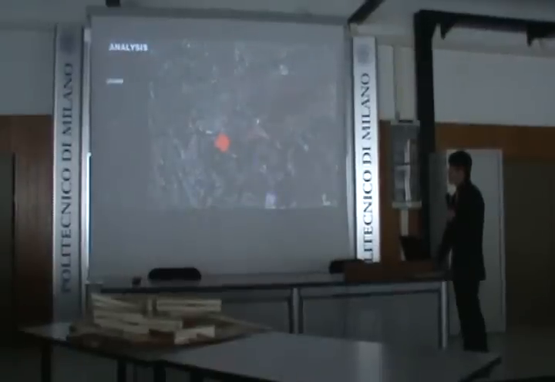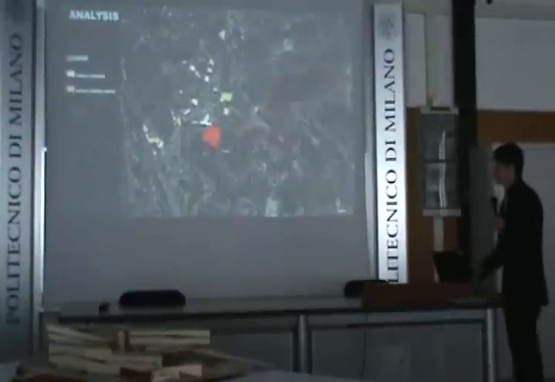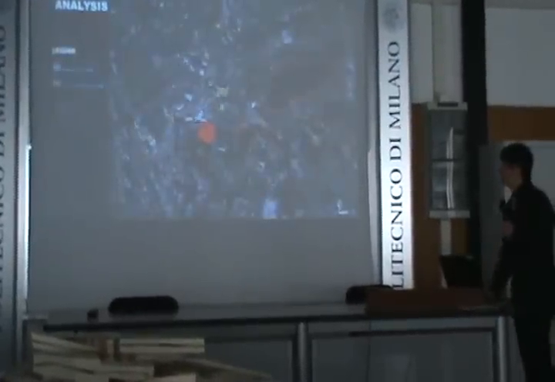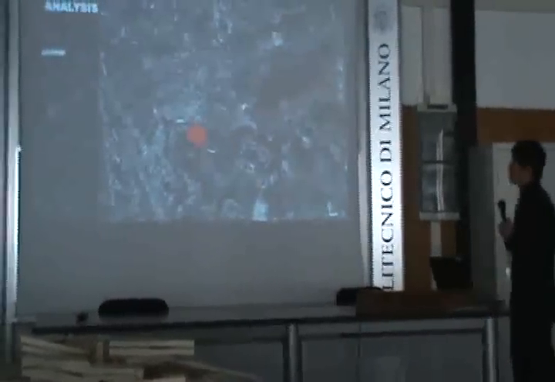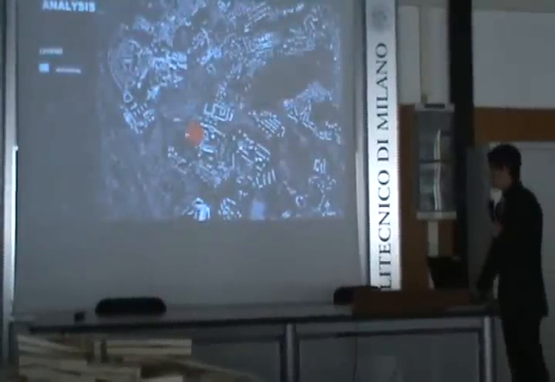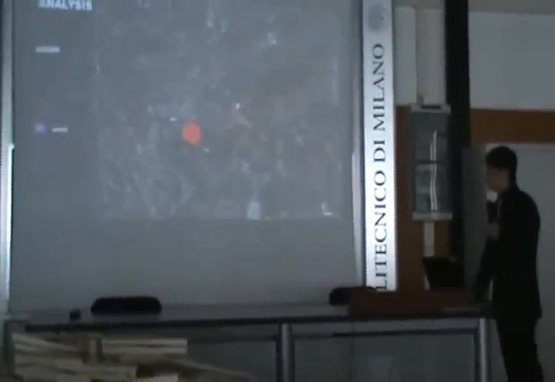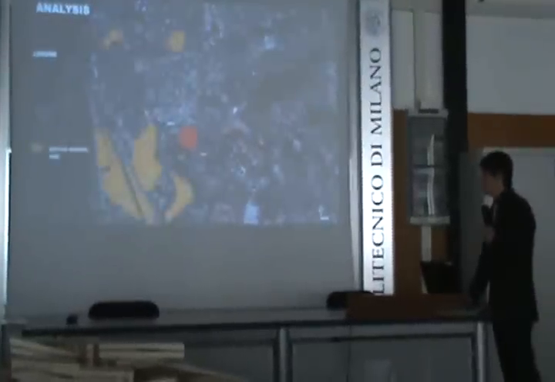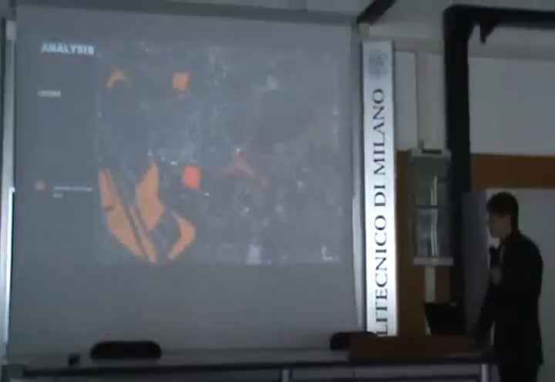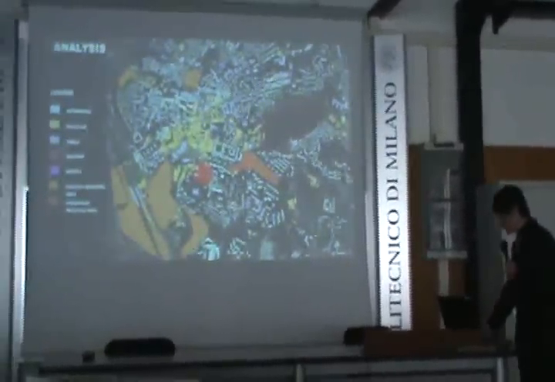The public space is composed of public squares and public green space. And the land use distribution is composed of residential area, mixed use, public buildings, religious buildings, sports facilities, existing industry area and abandoned industry area. This is the overview of the land use distribution.